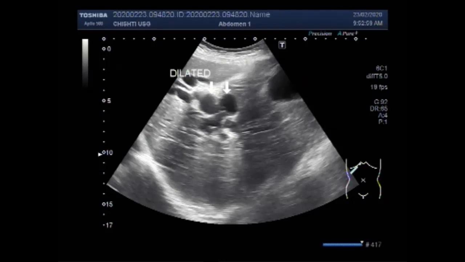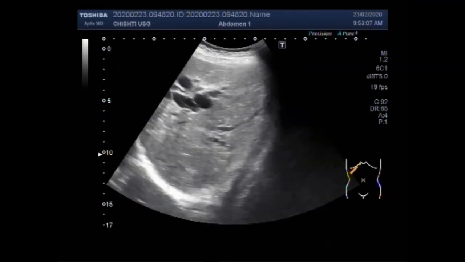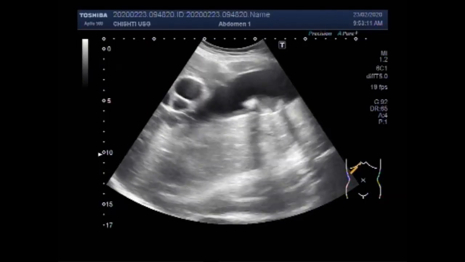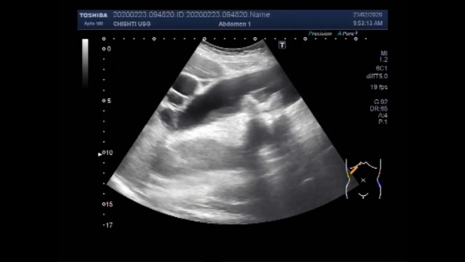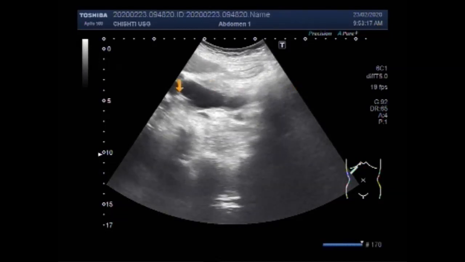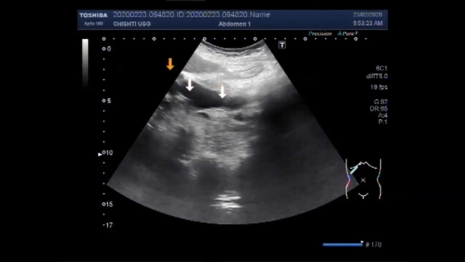If the gallstones are not seen in the biliary duct and are not visible, but your tests suggest that the bile duct may be affected, you may need an MRI scan or a cholangiography. Now you can see the common bile duct.